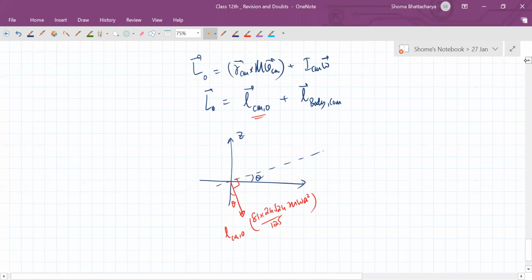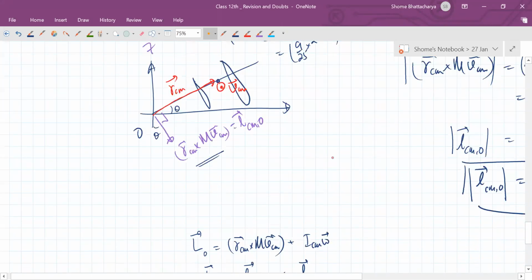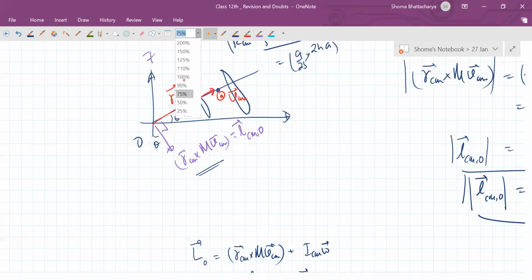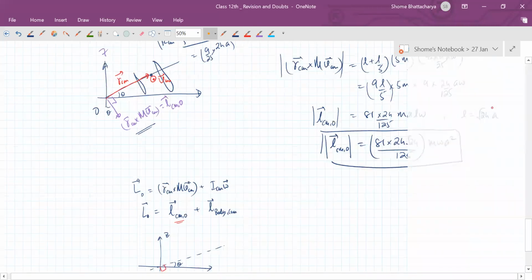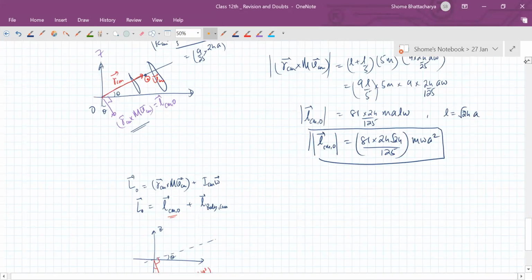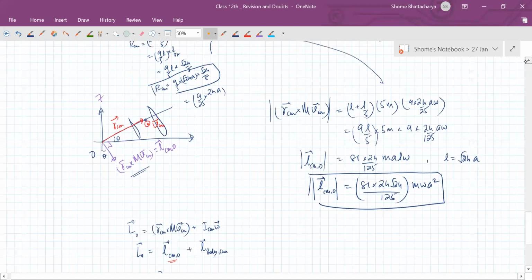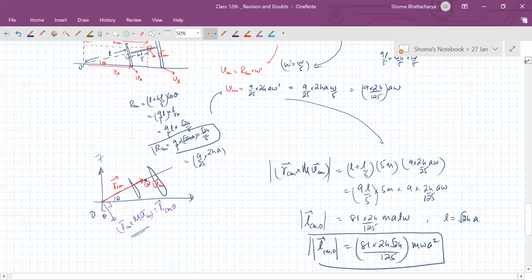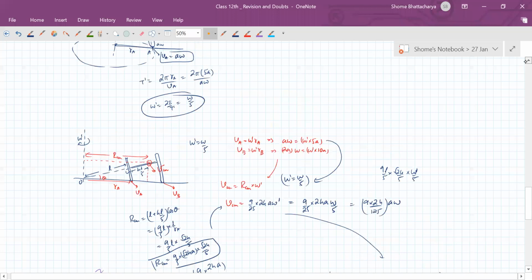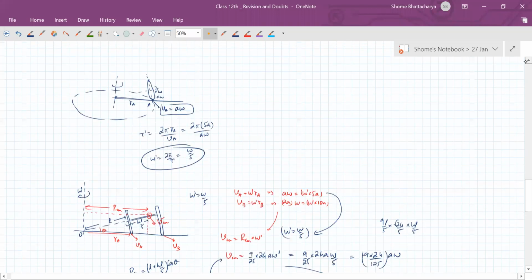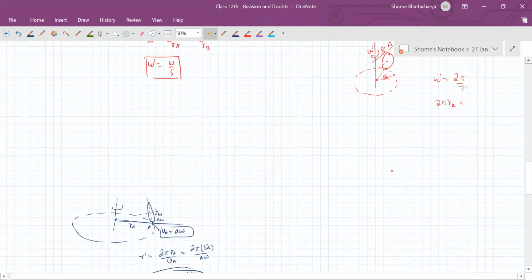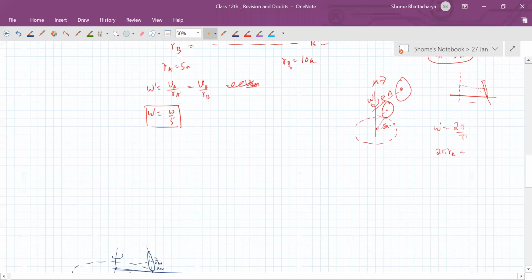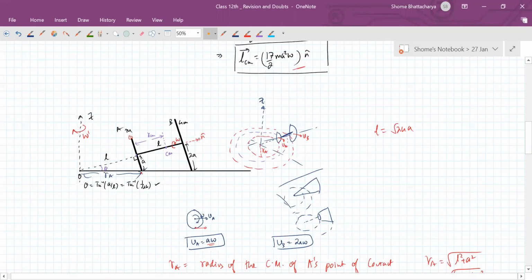Now the other term we had seen earlier, the angular momentum about the center of mass. That is this vector here, which is along this unit vector.